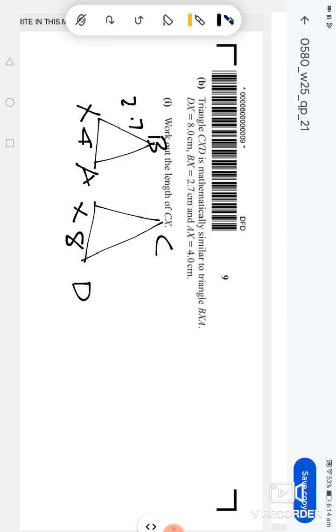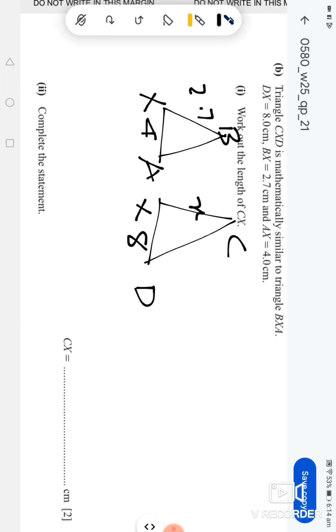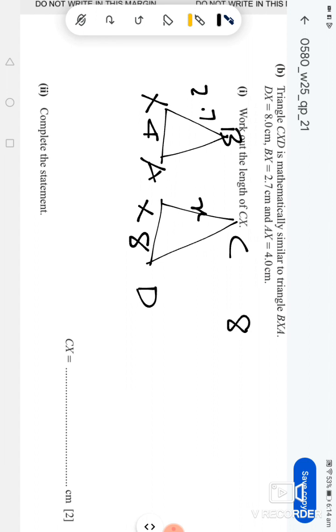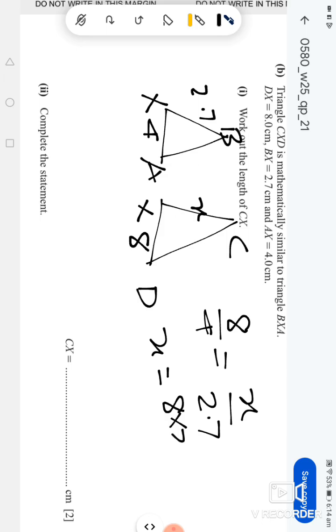So find out this one. So 8 by 4 equal X by 2.7. So X equal 8 into 2.7 by 4. So X equal 5.4.